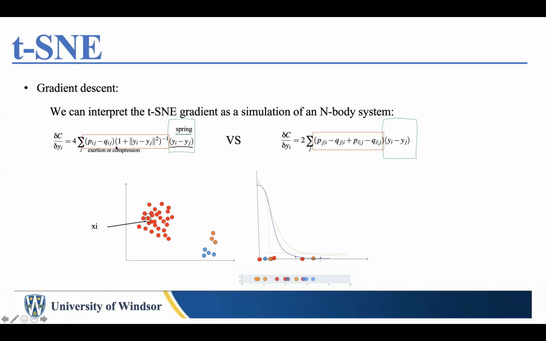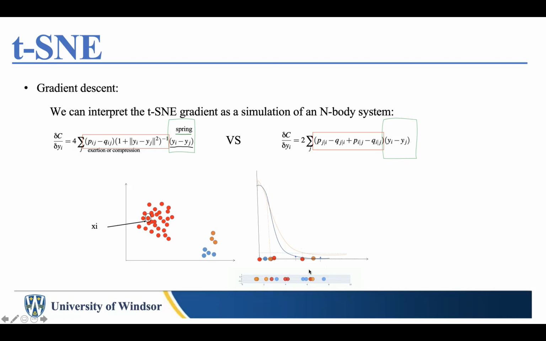This part in the red box is an exertion or compression on yi. It decides the direction of the force on the spring. That means to repulse or attract. The left figure shows the data points in the high-dimensional space. The right figure is the probability distribution in the low-dimensional space.